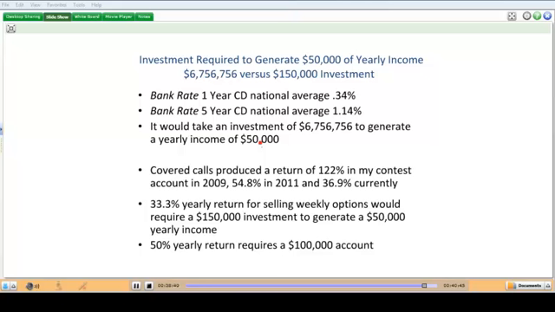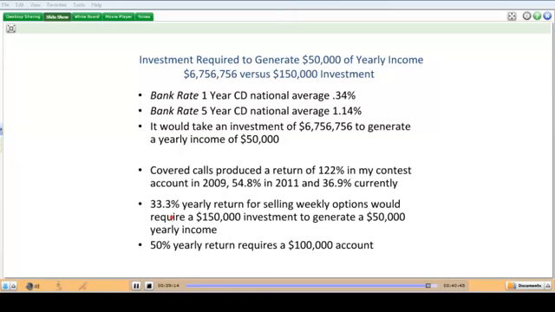In contrast, you saw where the covered calls produced a 122% return in 2009, 54.8% in 2011, and 36.9% in 2012. Let's just assume that you're able to generate a 33.3% return, which is actually less than my actual returns over this 3-year period.